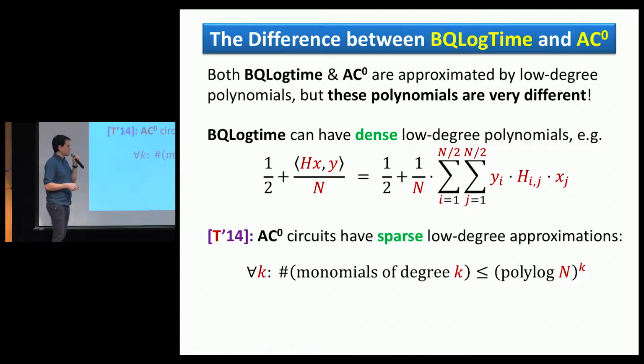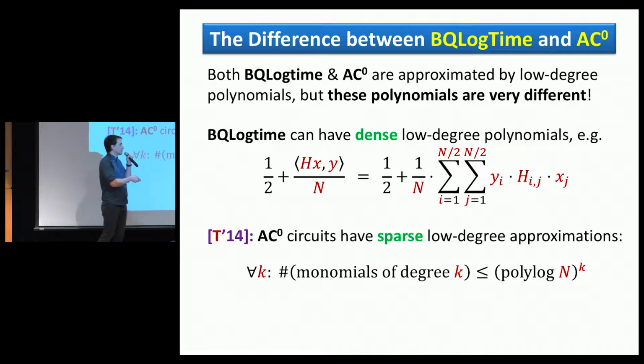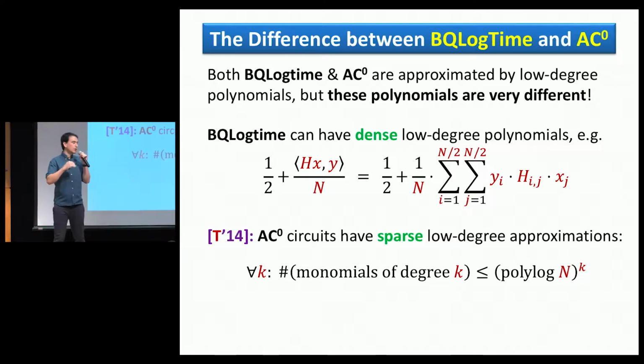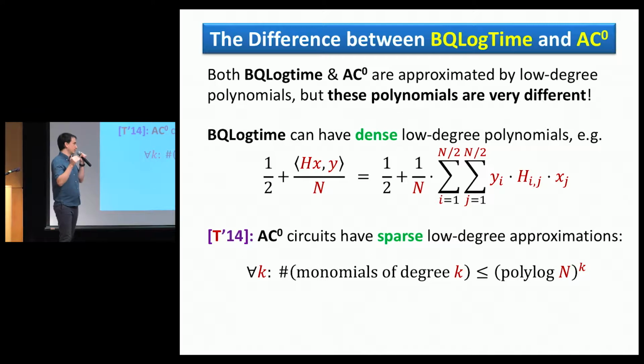So it's really dense. On the other hand, in a result that I showed 5 years ago, I showed that you can take the number of monomials in the approximation to grow something like polylog raised to the degree k. So if you look at how many monomials you have of degree 2, this will be polylog squared, very much smaller than order n squared.